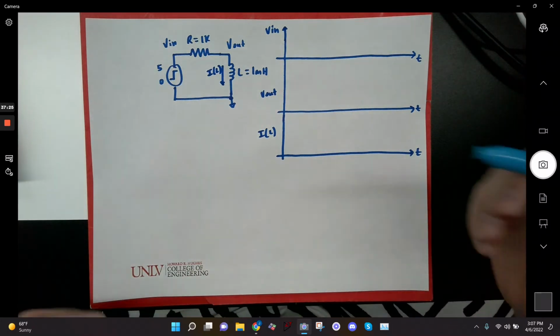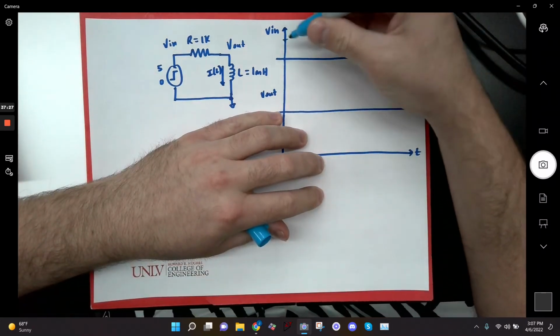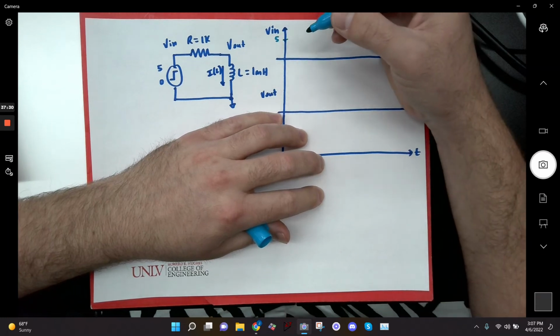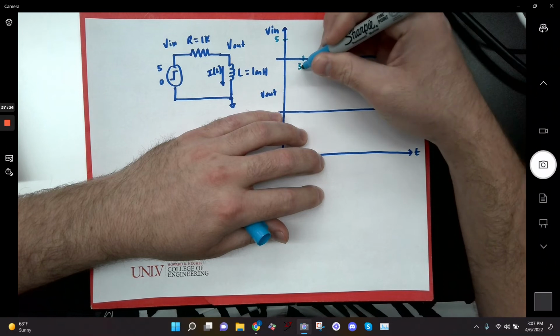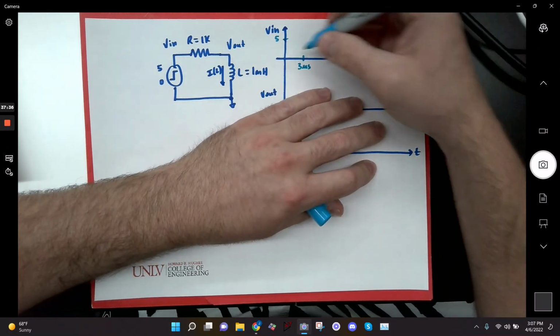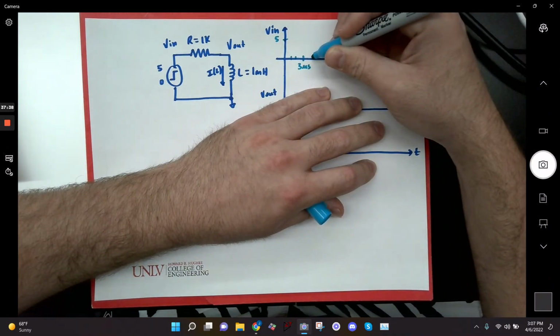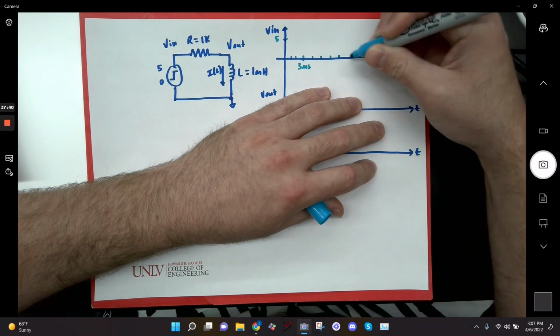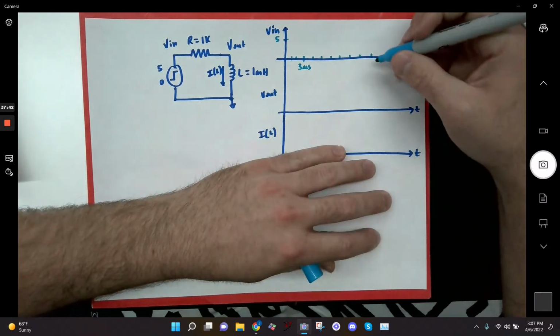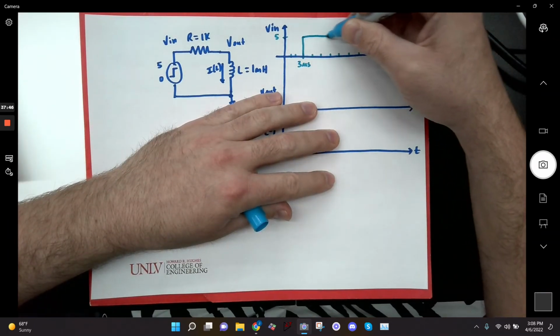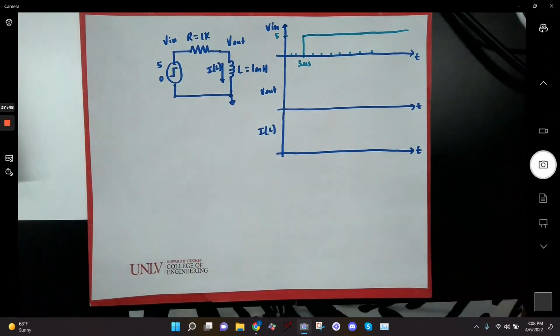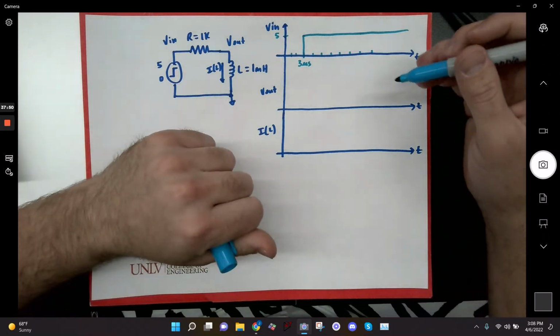So, let's say that my input jumps from 0 to 5 after, let's say, 3 microseconds. And so that'll be 1, 2, 3, 4, 5, 6, 7, 8, 9, 10. So my input does something like this. And then we'll just leave it on. We'll just do charging in this case, or energizing the coil.